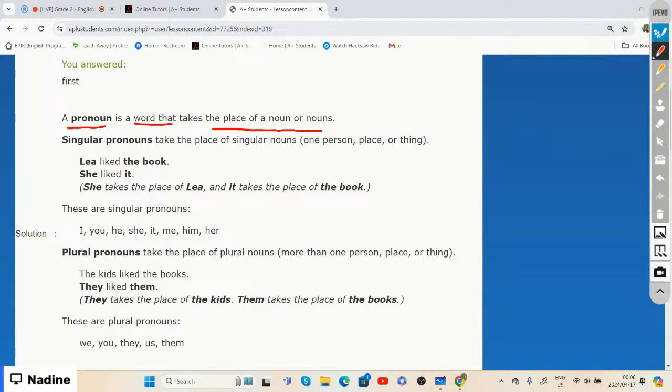Then we have singular pronouns and plural pronouns. Singular pronouns refer to one person, place, or thing.